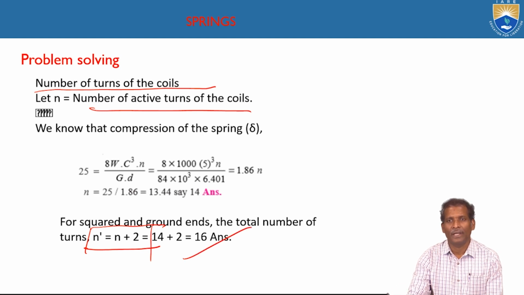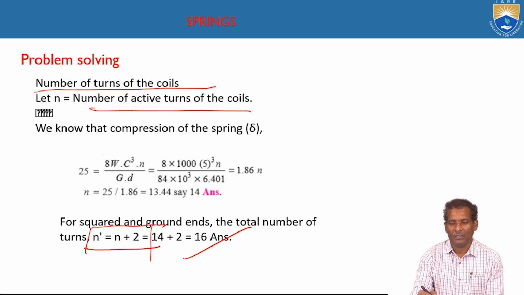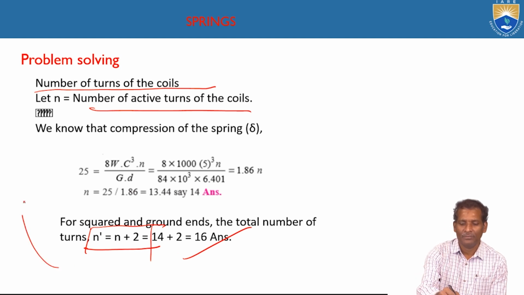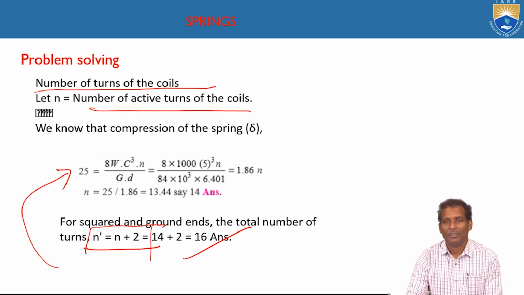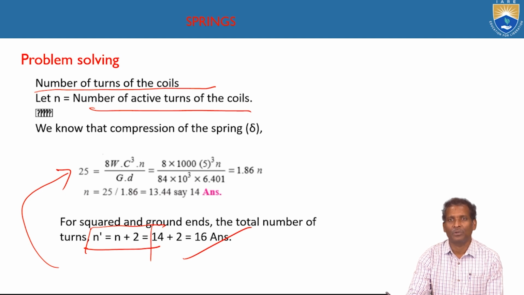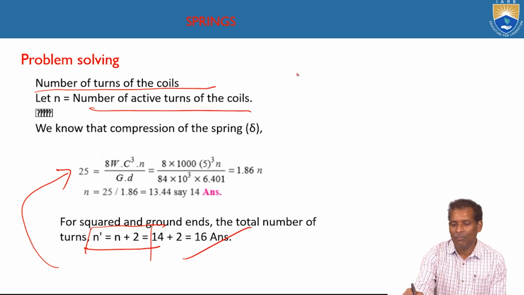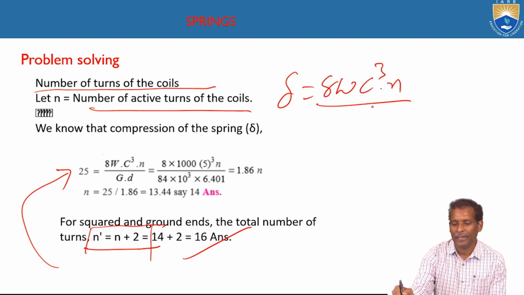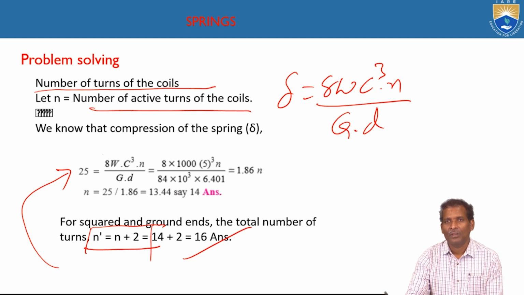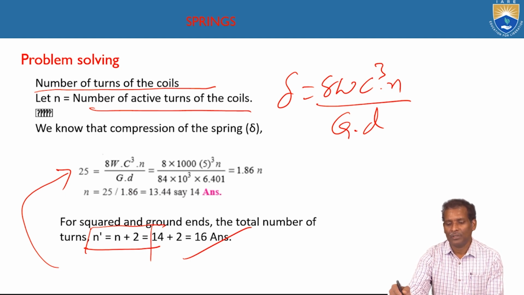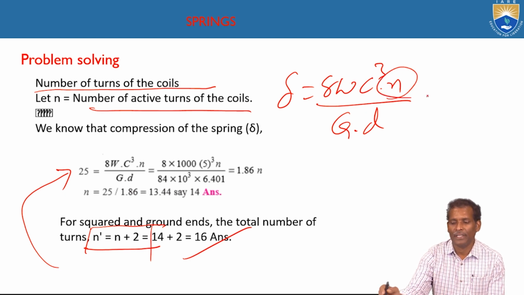So you will get 16. And n you have to calculate by using the deflection formula: delta is equal to 8 W C cube n by capital G into d. The deflection value is already given in the problem, W you know and C is also given. The only unknown is n.